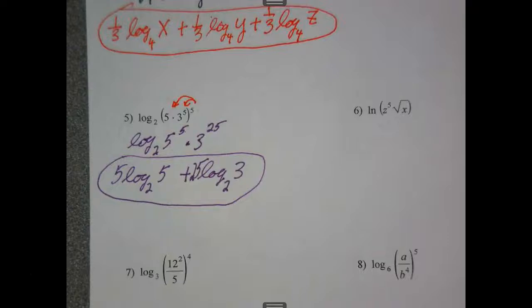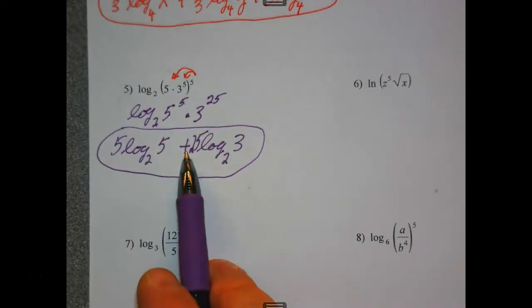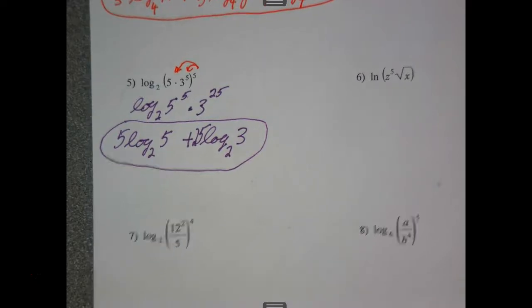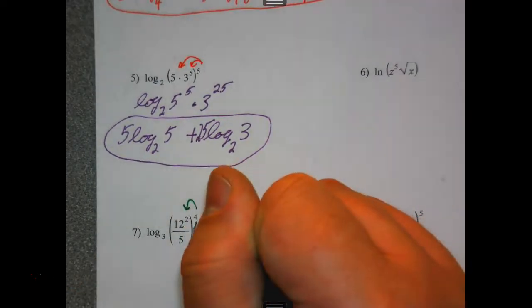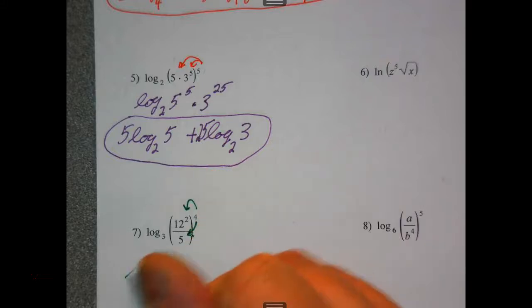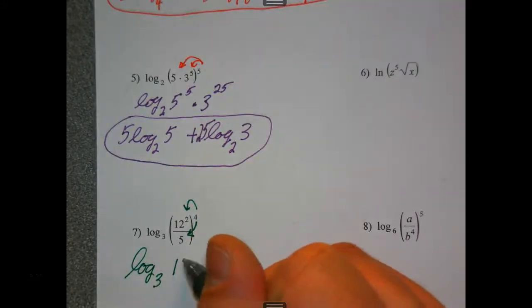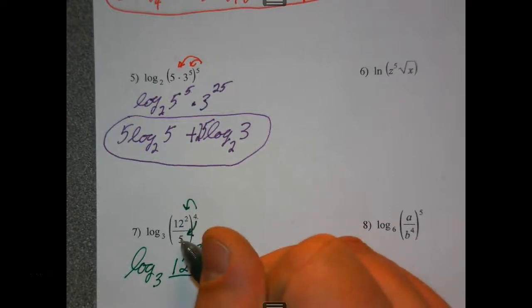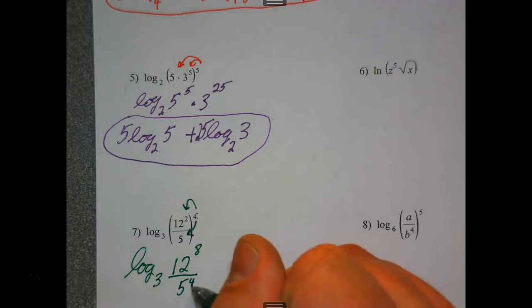Number 7, everything's exactly the same, except instead of a plus sign, I'm going to have a minus sign because of division. Okay, first, multiply the exponents. Log base 3 of 12 to the 2 times 4 is 8, divided by 5 to the 1 times 4 is 5 to the 4th.